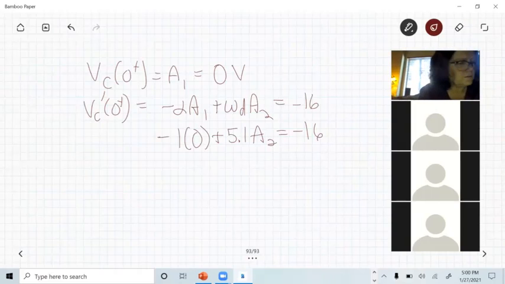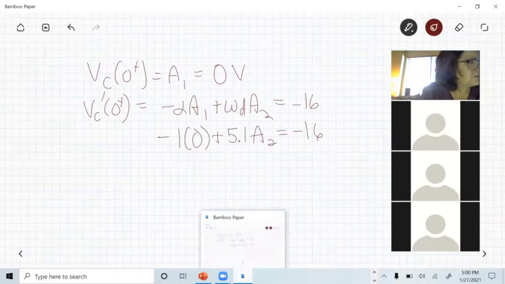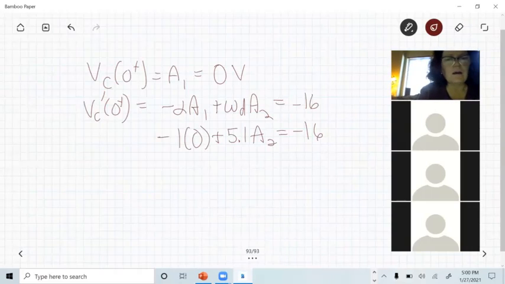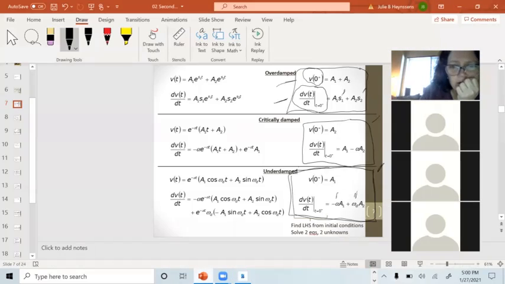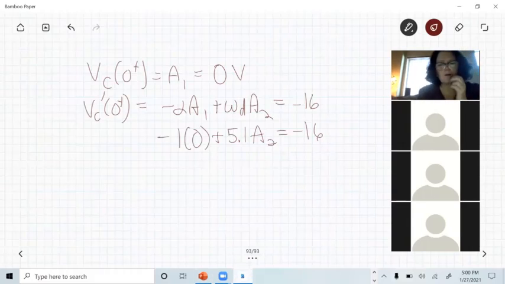And A2, is that right? Or did I do that wrong? I think my solution's wrong. I'm arguing with myself here. It's alpha A1, omega D A2. Yeah, I'm wrong.